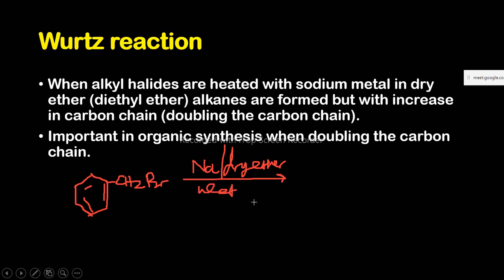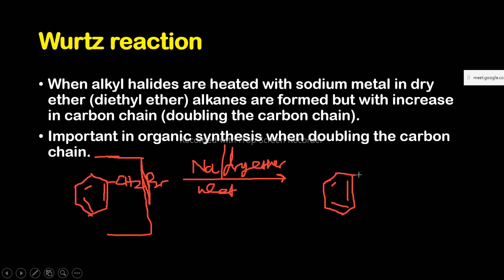Sorry for that. So, from this, it doubles. And it doubles from where? The doubling is from where the halogen is attached. So everything this side doubles. Okay? And so we shall form CH2.